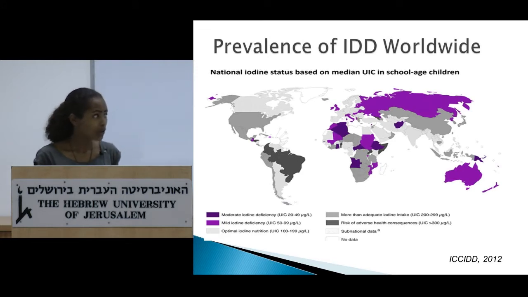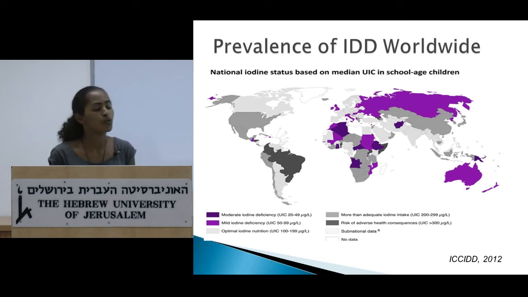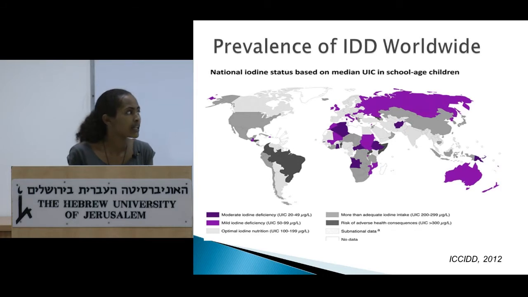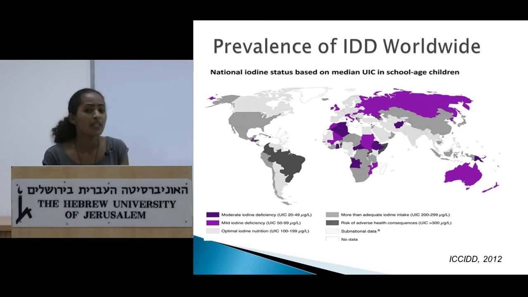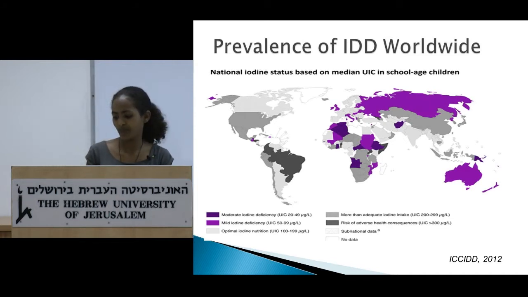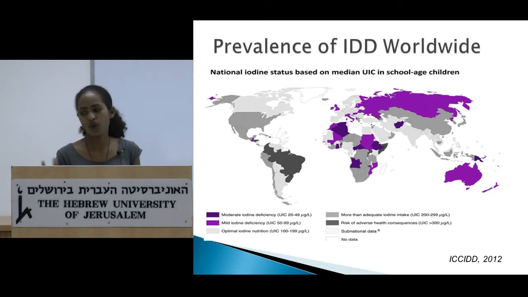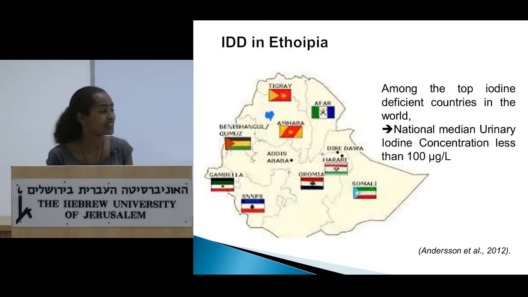According to the International Council for Control of Iodine Deficiency Disorders 2012 report, iodine deficiency will remain a major health problem in about 32 countries. Among those countries, my country, Ethiopia, is one of the top iodine deficient countries.